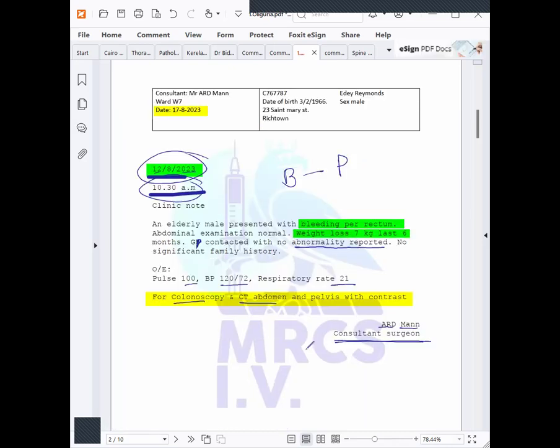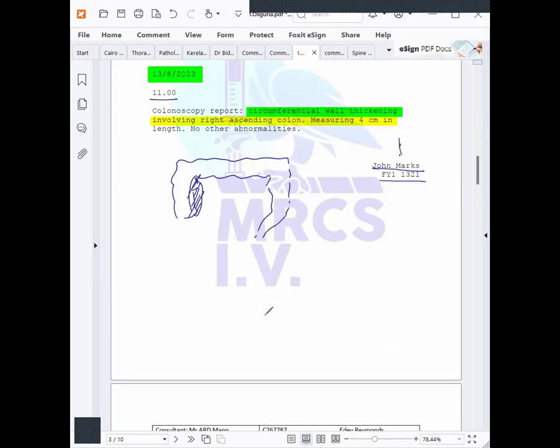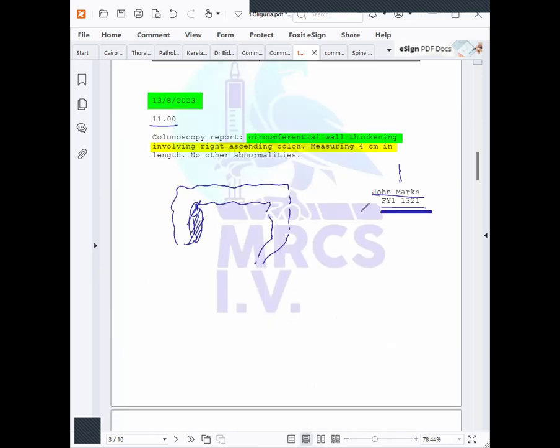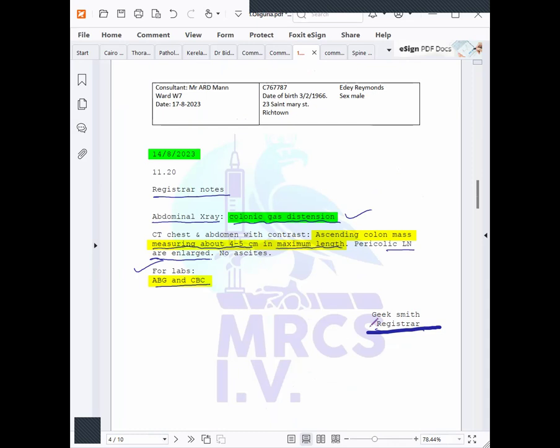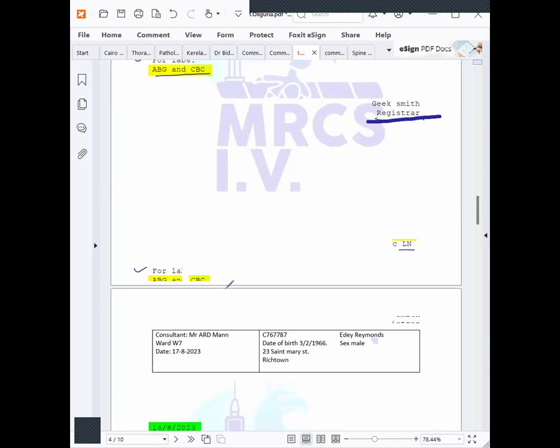If you open this page, first you see who has written. This is the consultant surgeon. What he has written and when he has written it. What was the thing? Bleeding per rectum, weight loss of 7 kg in 6 months, and these are the vitals, and colonoscopy and CT abdomen. Then colonoscopy done by a junior doctor, and this was the finding. Then the registrar has seen, and this is his note.